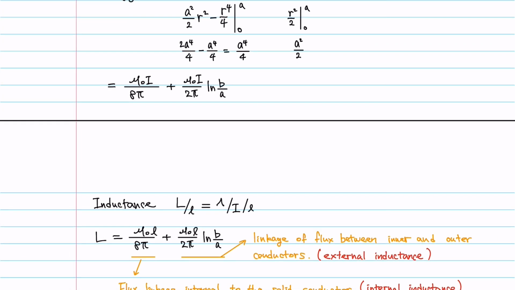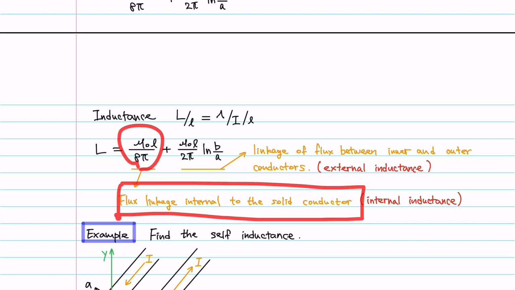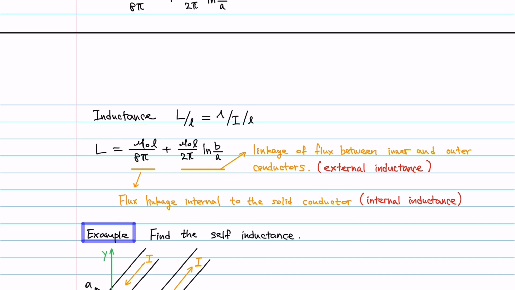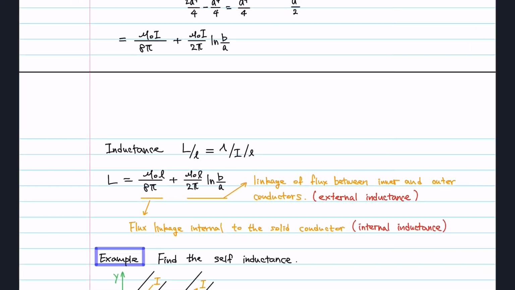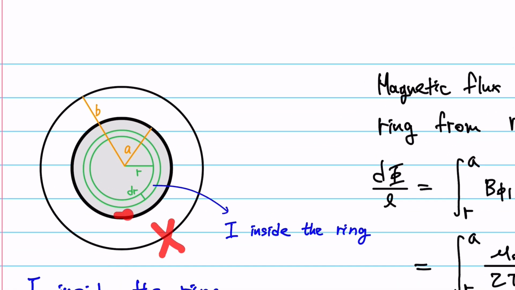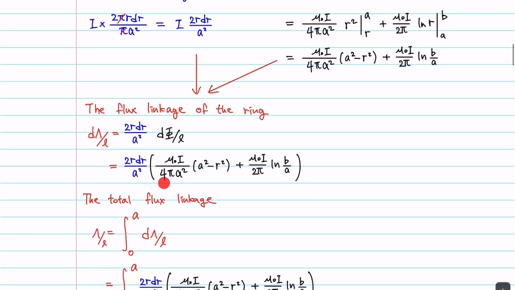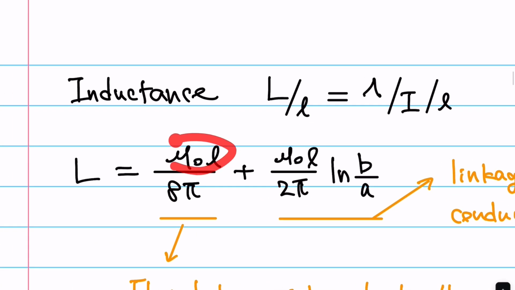There are two sections to this inductance. The first one is the flux linkage internal to the solid conductor, and we call this internal inductance. So even in the case where you don't have the outer conductor, if you just have a bare wire like this, the inductance that you will measure is going to be mu naught times L divided by 8 pi.